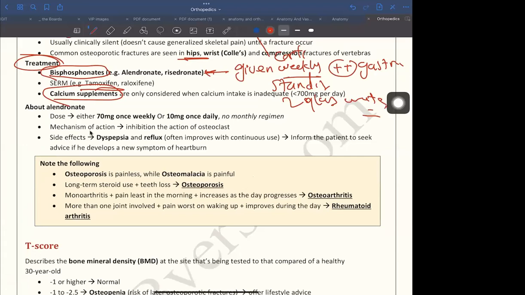Okay, so the dose is 70 milligram once weekly or 10 milligram once daily, but the weekly one is better because the patient will be more compliant and less likely to forget, because they're going to be taking it 4 times a month, not 30 times a month, right? The side effects are dyspepsia and gastric reflux, and we mentioned that the patient will need to take it standing with 2 glasses of water and remain standing for like 30 minutes.